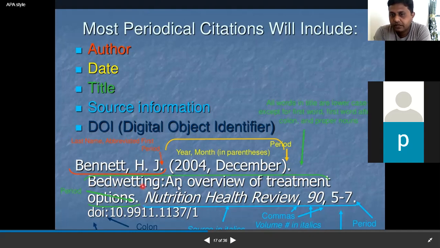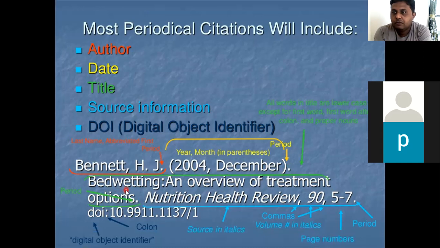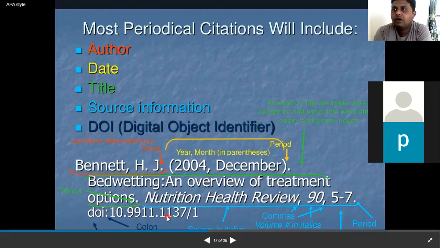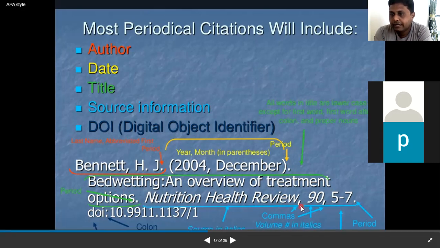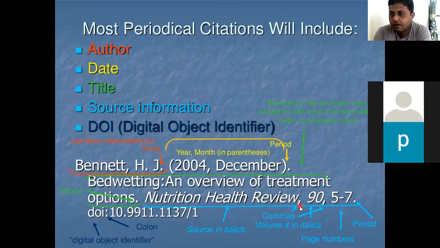This is the title, see, of the research article published in the magazine, or let's say the journal, and the name is Nutrition Health Review. It is in italics, followed by a comma. In the case of MLA, there comes a full stop.